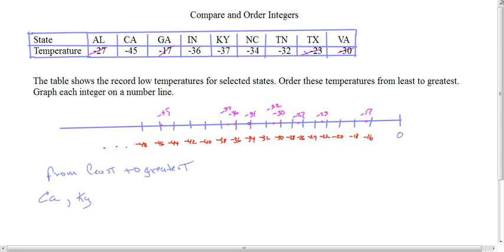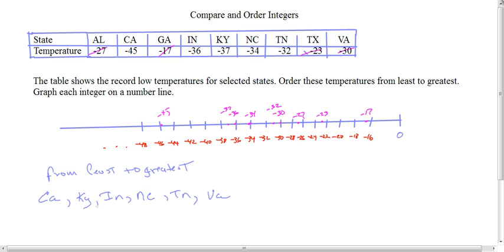That's on the East Coast. Then Indiana. And after Indiana comes North Carolina. Then after North Carolina comes Tennessee. Then after Tennessee comes Virginia.